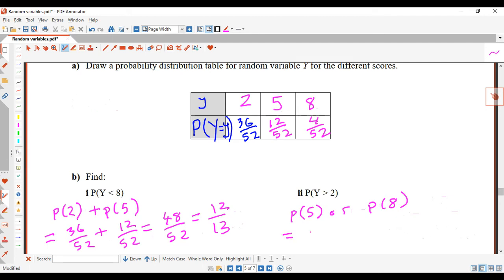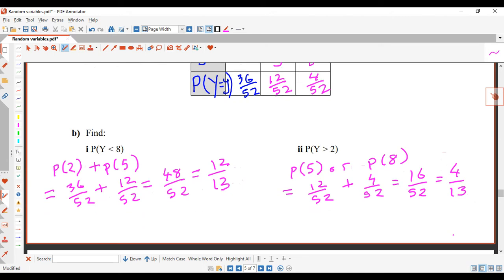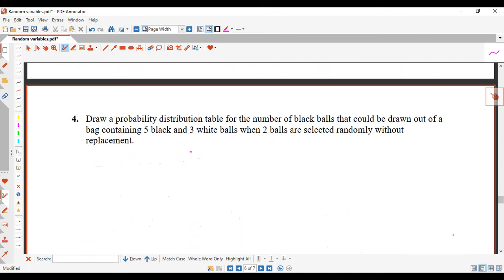So that's going to be 12 on 52 plus 4 on 52, which equals 16 on 52. And that will simplify to 4 on 13. Okay, copy that down.